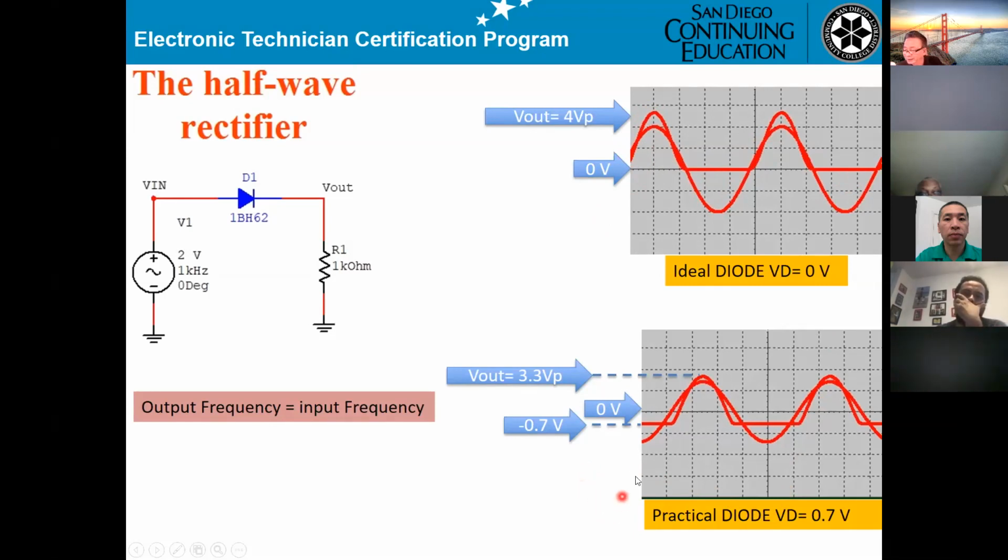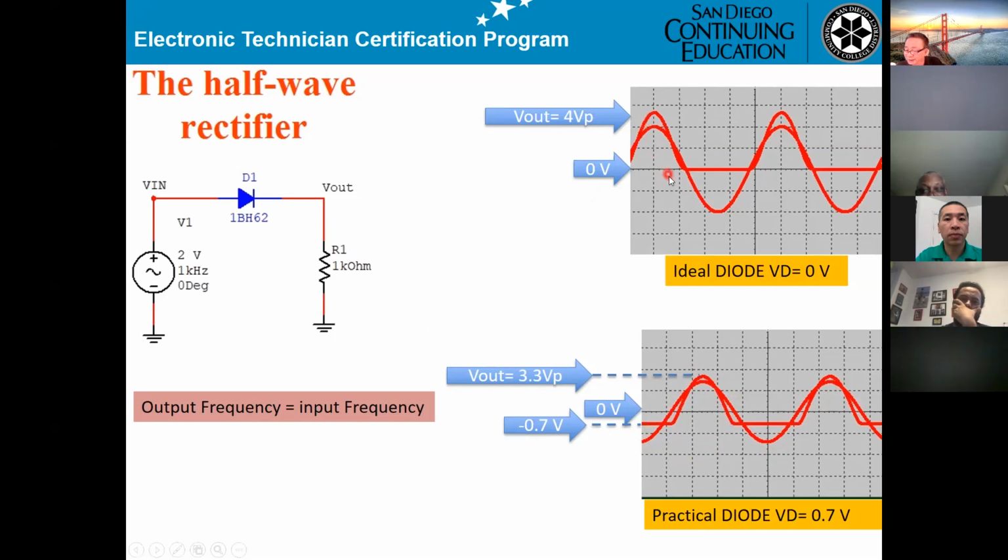Then now you can see this is your input here, sideways. The output now will start from minus 0.7 going up. So if they want the V peak of this signal, then it's not the same as the input.